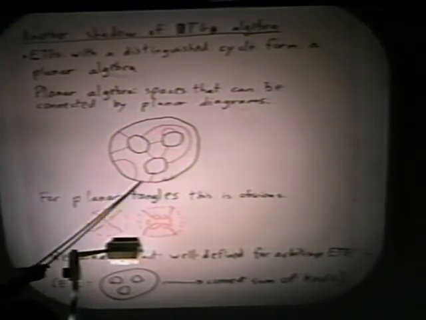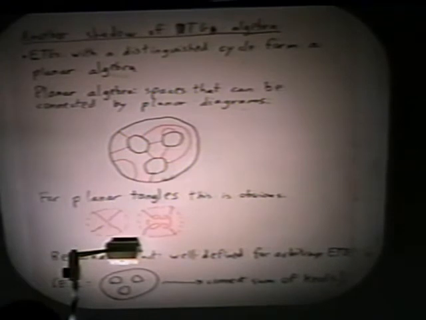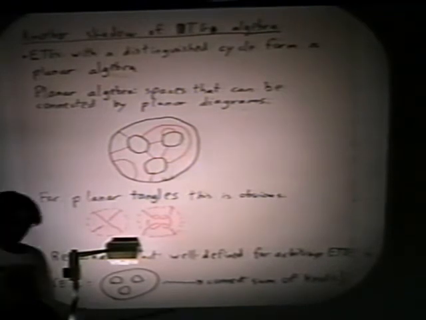So I claim that an embedded trivalent graph with a distinguished cycle form a planar algebra.